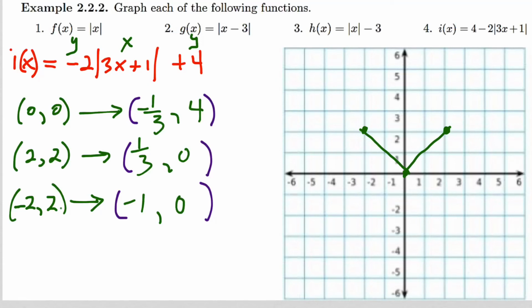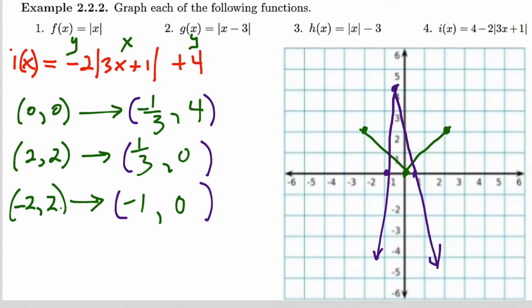All right, so I'm going to graph this thing. So the vertex is at -1/3, 4, about right there. And then one of the x-intercepts is 1/3, 0. The other one is -1, 0. And then I'll sketch it in. So I sketched it in.